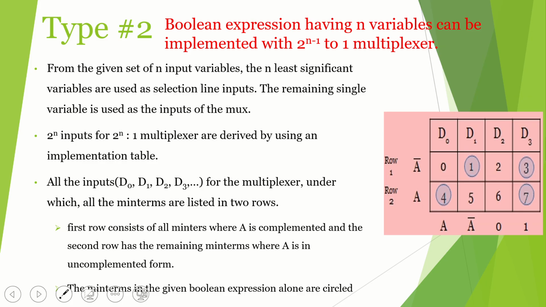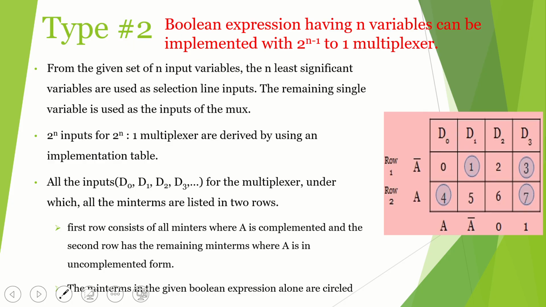So look at this implementation diagram. For example, D0, D1, D2, D3. There are 4 inputs, which means this is a 4 cross 1 mux. So we know for a 4 cross 1 mux, we need 2 selection inputs. So only one variable is considered for the selection.